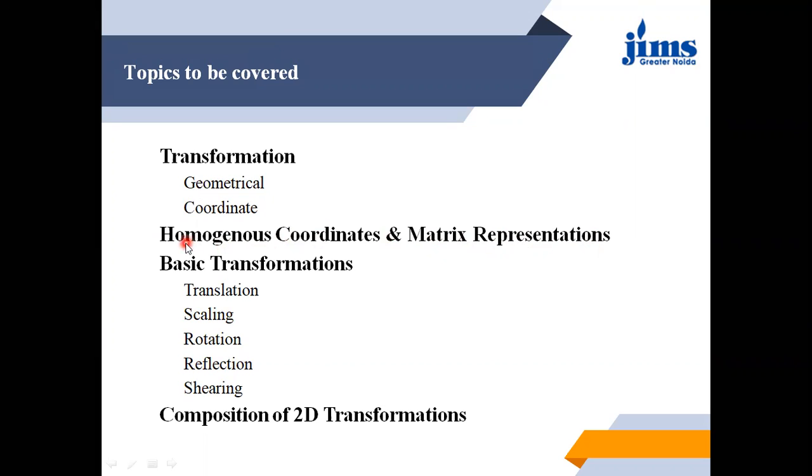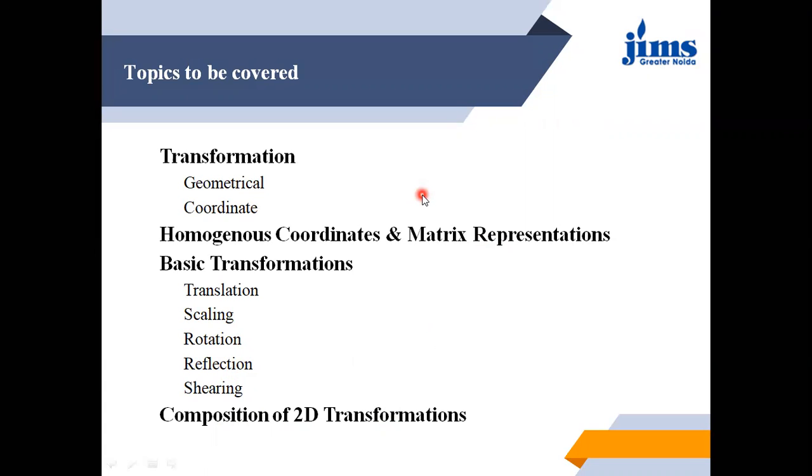Then we discuss the homogeneous coordinate system, and in the last we discuss these two also, that is translation and scaling. From the types of transformations, in today's class, we will discuss rotation, reflection, shearing, and in the last, we will discuss the compositions of 2D transformations also.